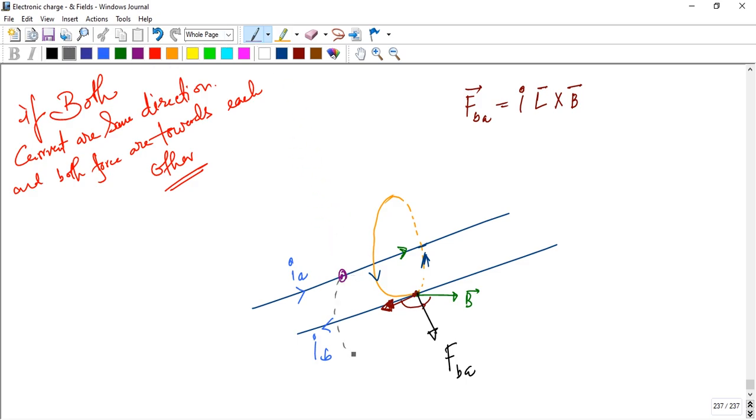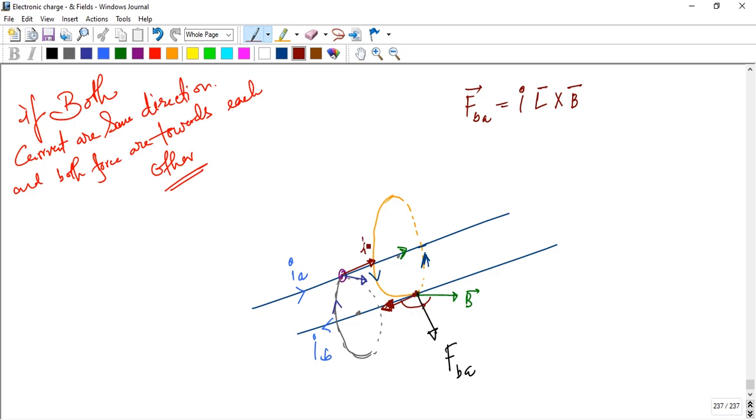Now similar condition here, calculate the force here due to wire B. Draw a circular path with that center, and now the magnetic field direction here is in the opposite direction, downward.